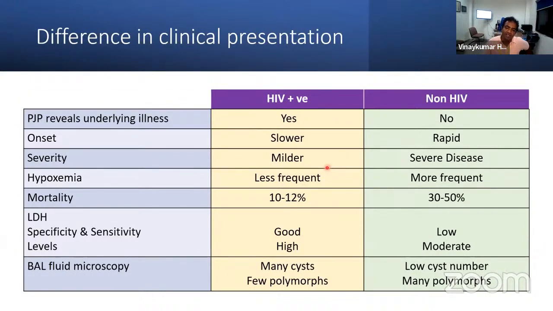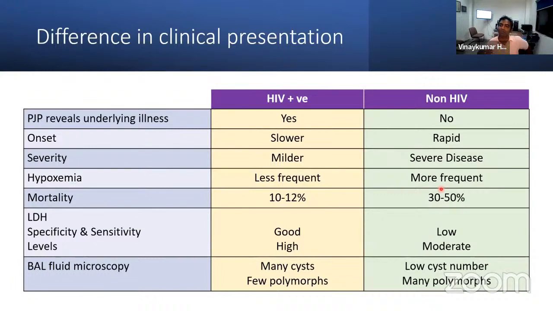Hypoxemia is less frequent in patients with HIV compared to those without HIV. And again, up to 50% of patients without HIV will die when they develop pneumocystis pneumonia.